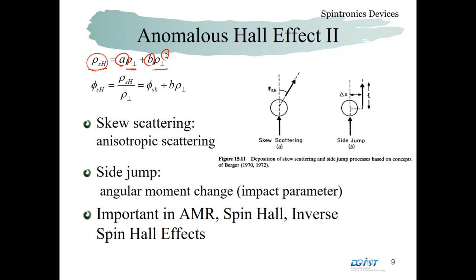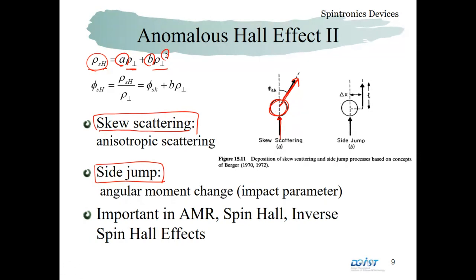There are two very famous possible origins. One is called skew scattering, and the other one is called side jump. As you see here, skew scattering means if we have conduction electrons and there is some impurity, the electrons scatter, and in that case the scattering angle is not symmetric.